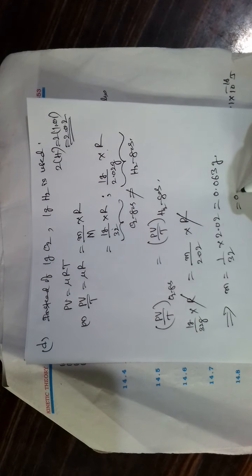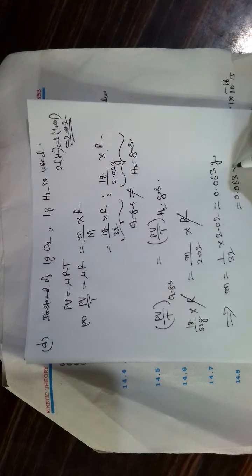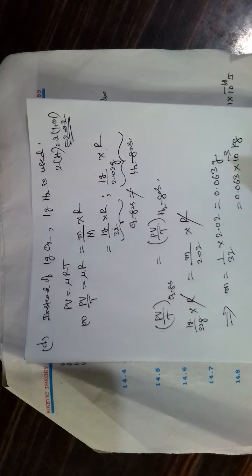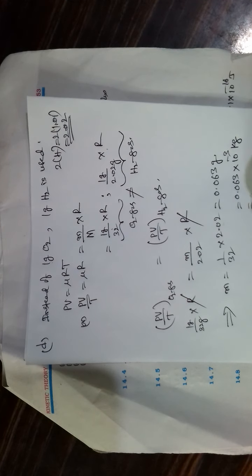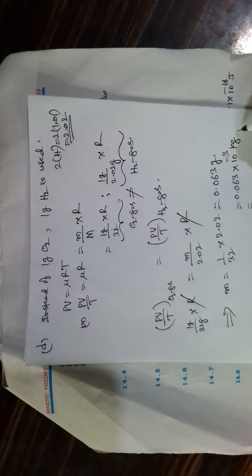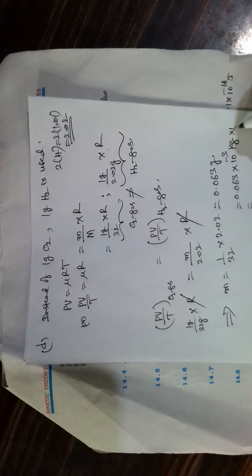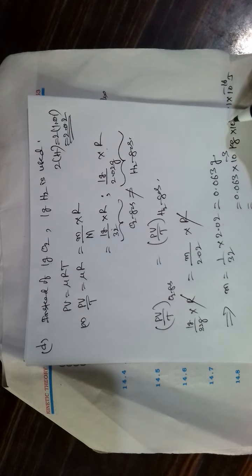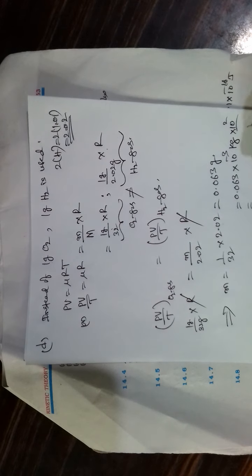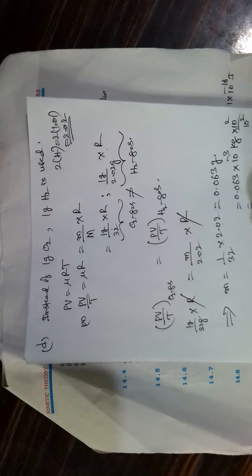If you want to convert this into kg, 1 gram is equal to 10 to the power of minus 3 kg. Or you can write this as 2 by 10 power 2.